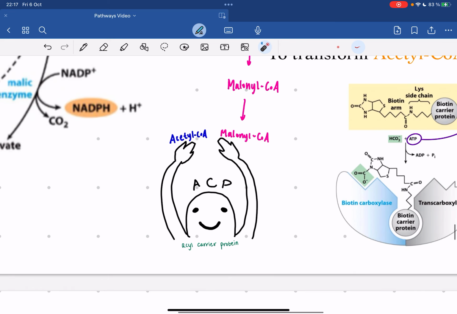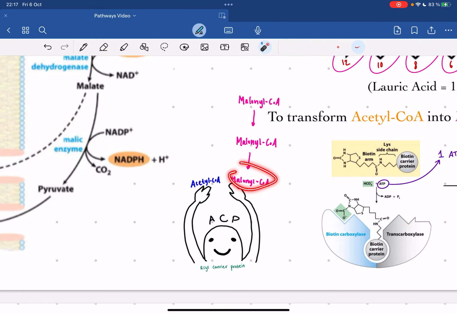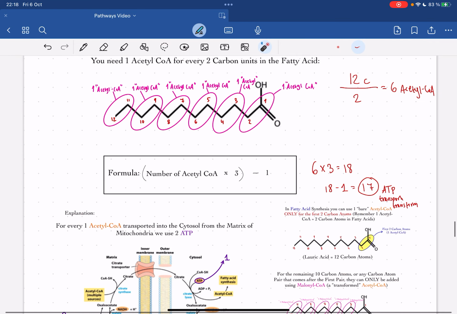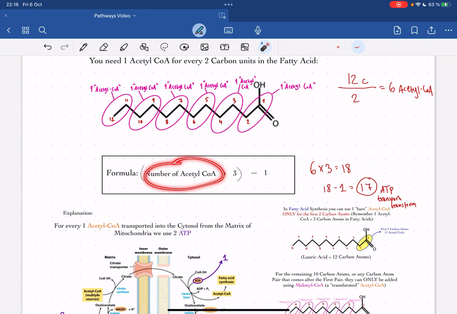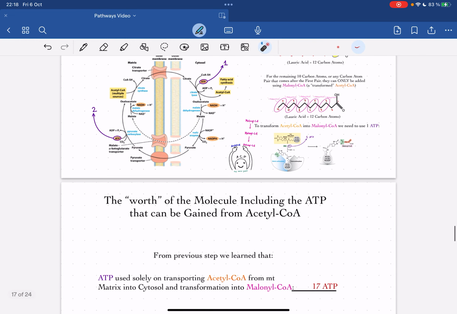So that's why we're not wasting an ATP here to convert it into malonyl-CoA like we're doing with every subsequent acetyl-CoA. We're just using this normal acetyl-CoA without transforming anything, and therefore we're taking -1, because one of the acetyl-CoA doesn't need an additional ATP in order to be transformed into the malonyl-CoA.